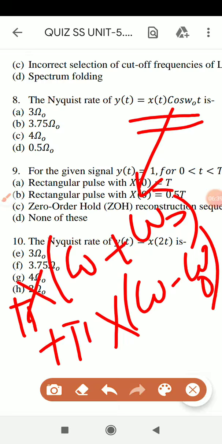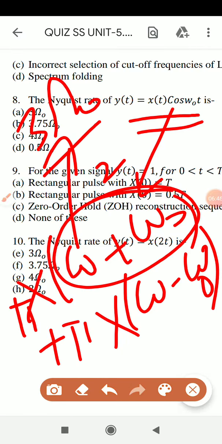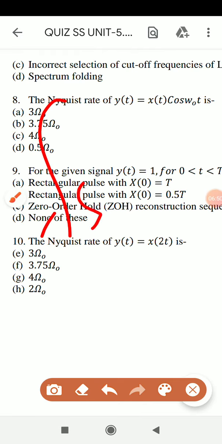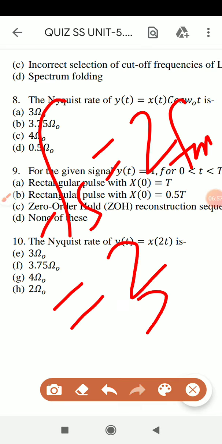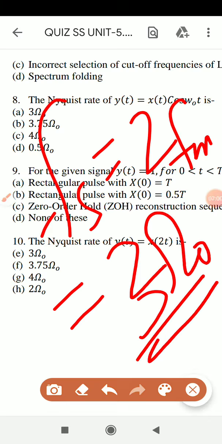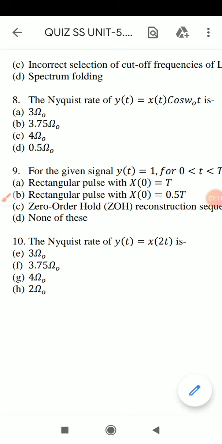So the maximum frequency will be 3 omega naught divided by 2, and Nyquist rate will be twice of this, so fs is equal to twice of fm, and it should be 3 omega naught. But remember here the unit is radian per second, so the unit of this is radian per second.